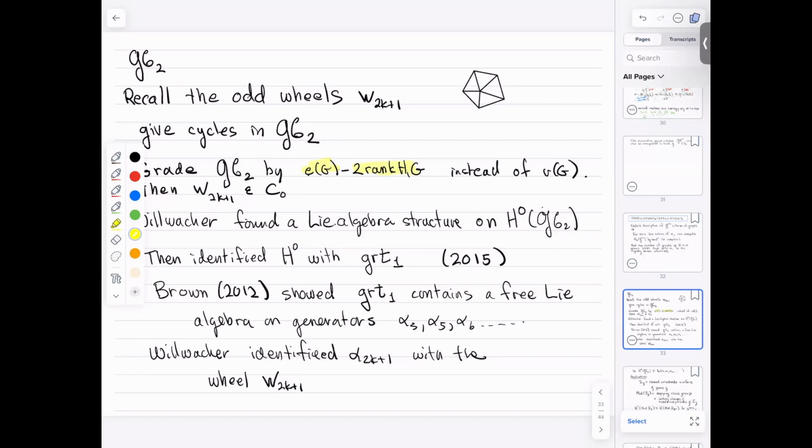So we graded it by the number of vertices of the graph. But for this one, the number of edges, for instance, in this graph is 1, 2, 3, 4, 5, 6, 7, 8, 9, 10. The rank of the homology is 5. So this has a grading 2.